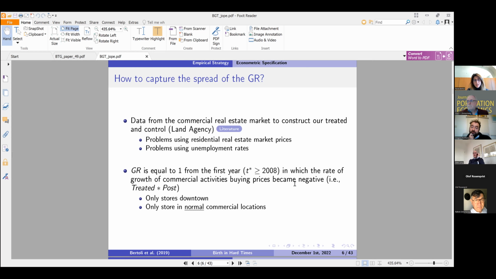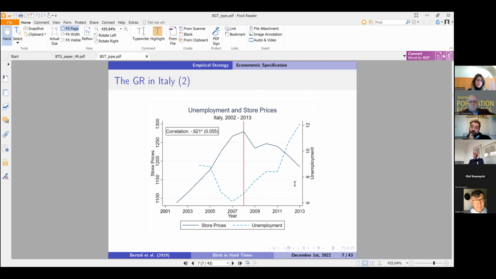What we obtain, we think, is a pretty good proxy of the Great Recession, and I think that you can see it if you compare the trend in store prices and the one in unemployment.